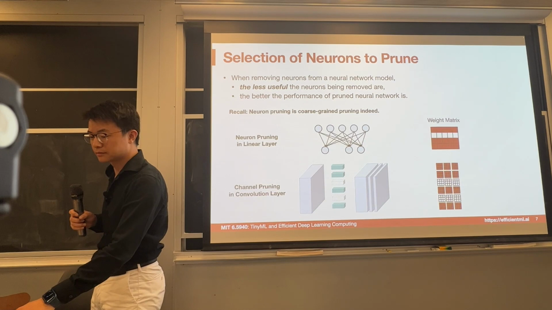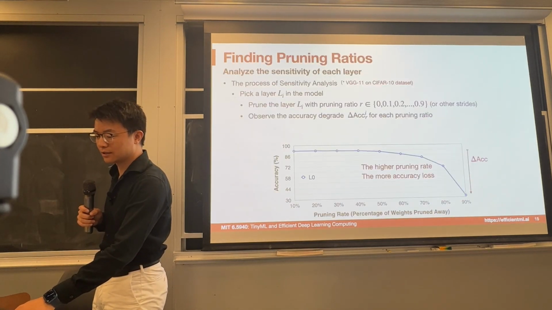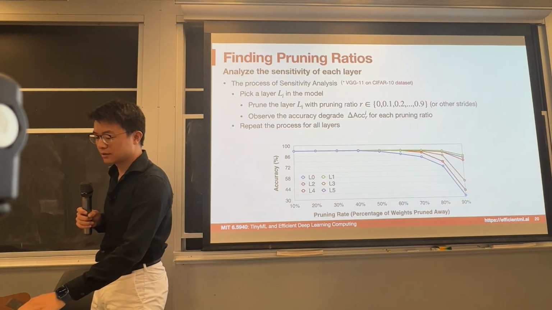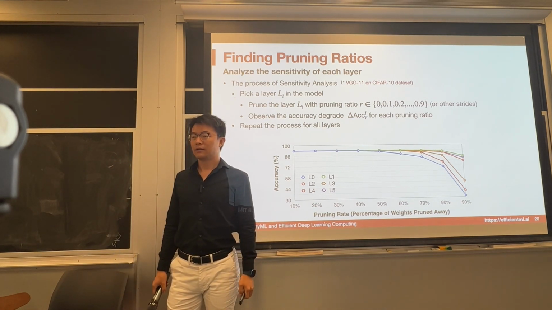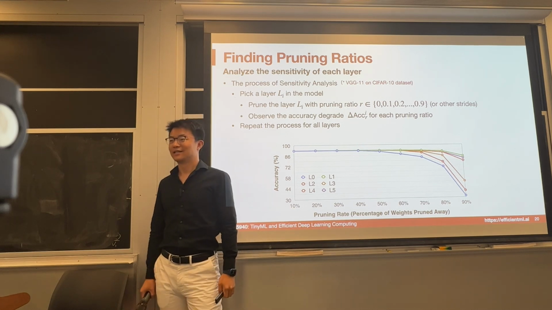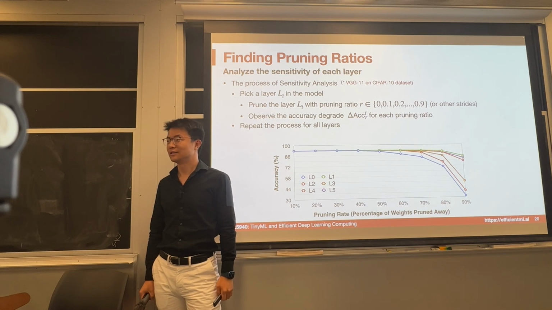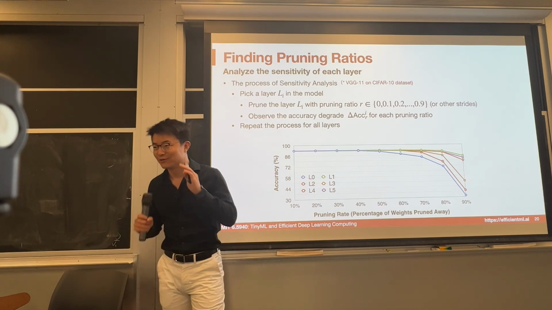Back to the slide here. If I'm not mistaken, each of these accuracies is from pruning only that layer without touching any other ones. Right. And looking at this chart, it seems very safe if we prune 50% for every layer, but we don't know what will happen after that. Very good point.